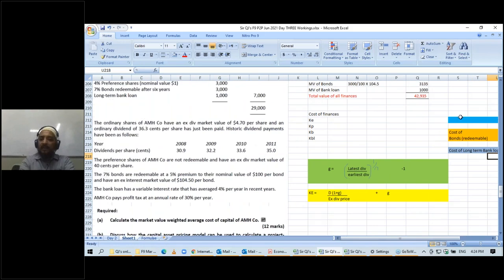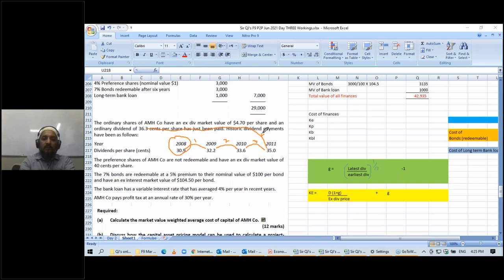The reason behind this is that this dividend is the base year, 30.9. Now you move on to 32.2 in 1 year's time. Then you move on to 33.6 in the second year. Then you move on to 35 in the third year. And in the fourth year, you move on to 36.3.